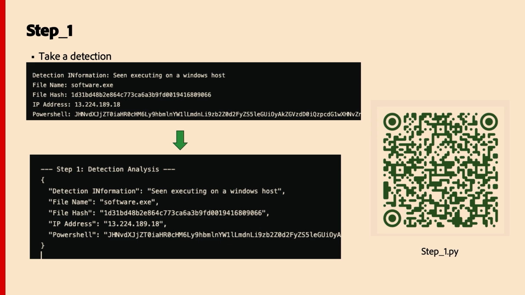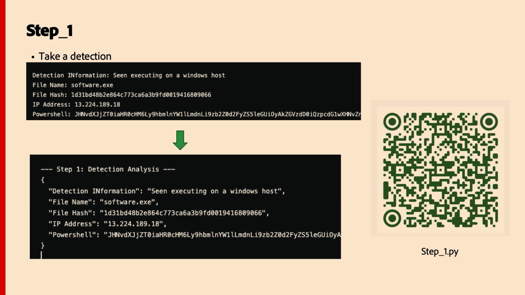One of the first steps that's really difficult when you're creating a research team for this is, how does the information start? The information can start from a detection, it can be from a blog post, or anything that the tier 1 analyst is now ingesting and saying, okay, this is what I need to research. These are the important parts. And so that first agent is supposed to take any detection and turn it into a JSON object.